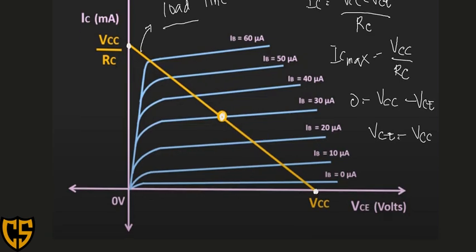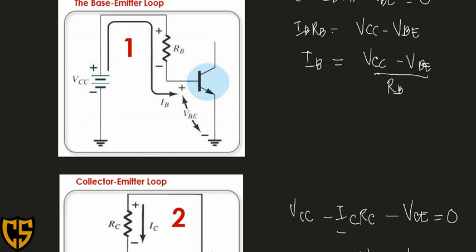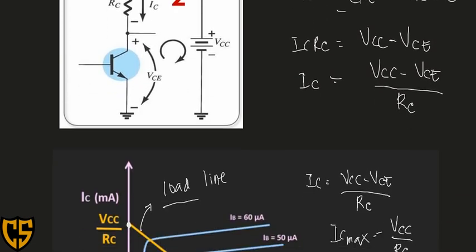So the value of our IB is also varied based on our equation. What is our equation of the IB below? The IB is equal to VCC minus VBE all over RB.